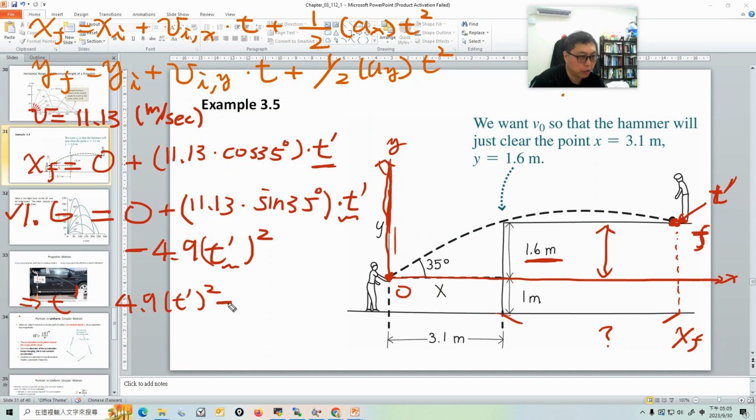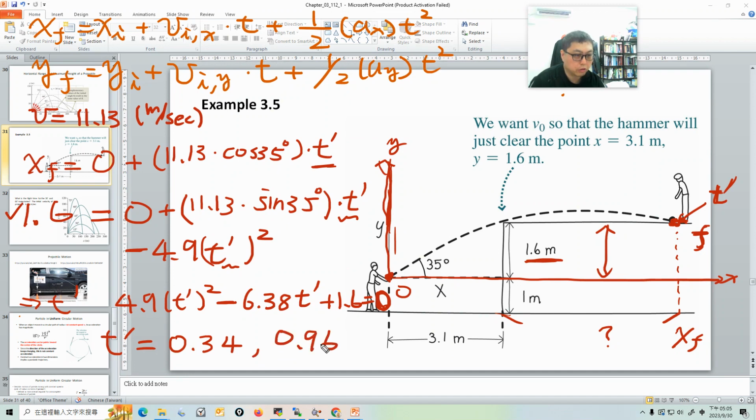You can compute this yourself, so I won't waste everyone's time with the calculation. It equals 0, so we obtain a quadratic equation, and I believe all of you can solve it. For t prime we get two solutions: one is 0.34, the other is 0.96.